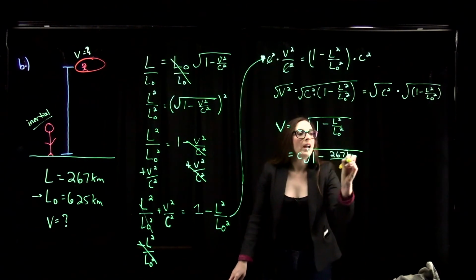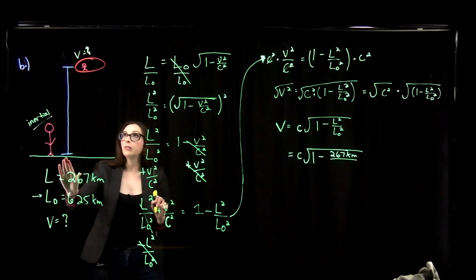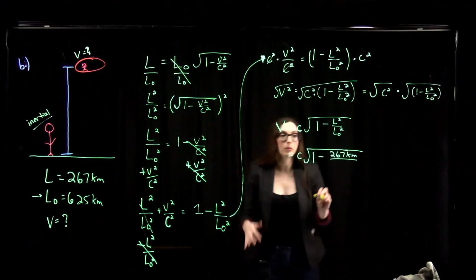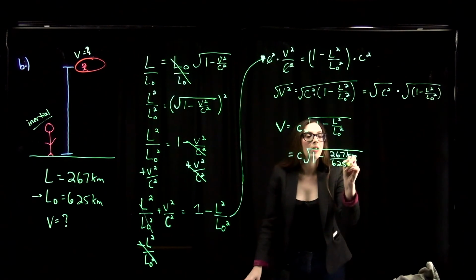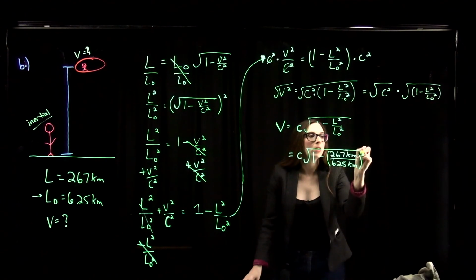And then I'm going to divide that by the length between the ground and the spaceship as determined by a stationary observer in the inertial frame. That was 625 kilometers.